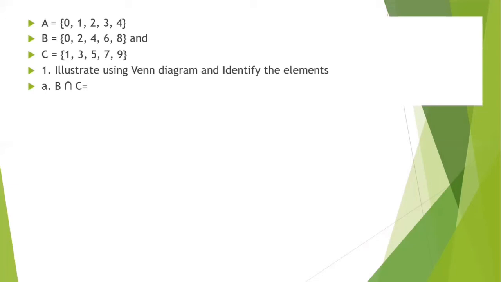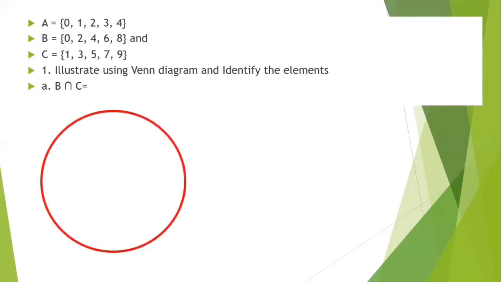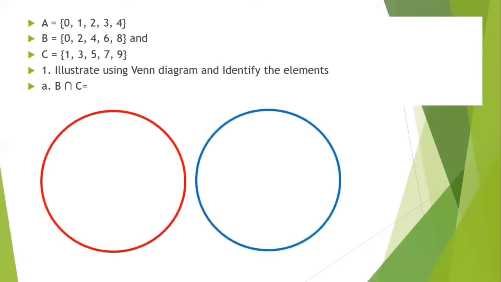The answer is wala. So, ibig sabihin, naka-overlap ba ang ating circles o naka-disjoint? Let us find out. We have the set B and we have the set C. Ano napapansin nyo? Set B and set C are disjoint sets.